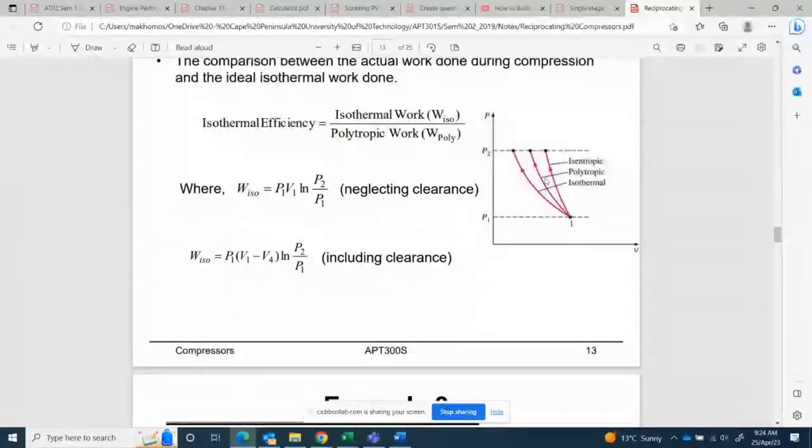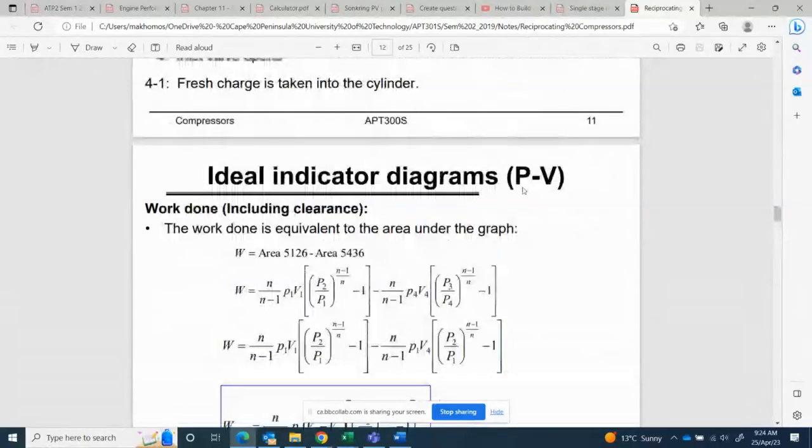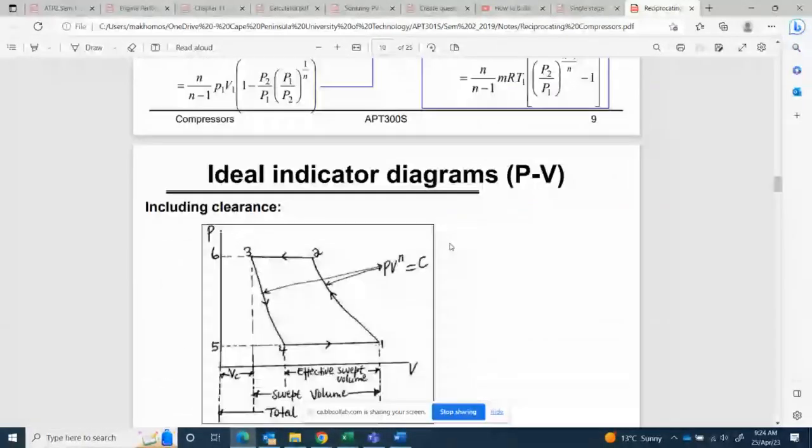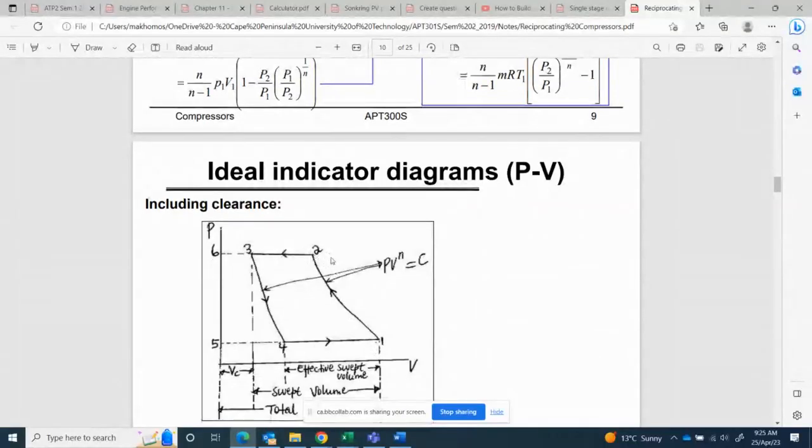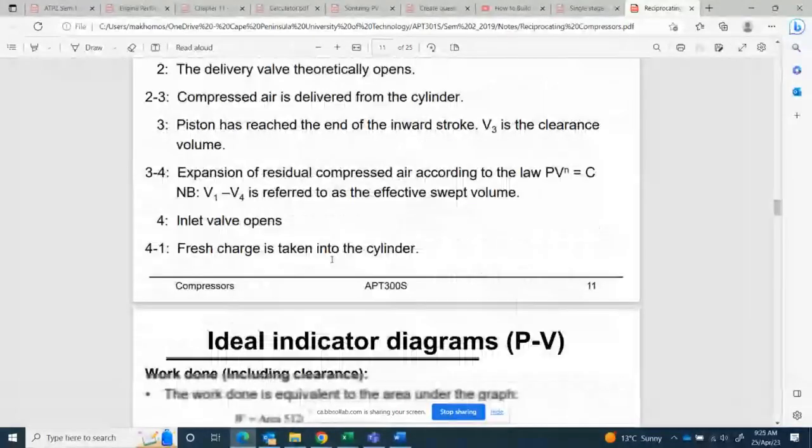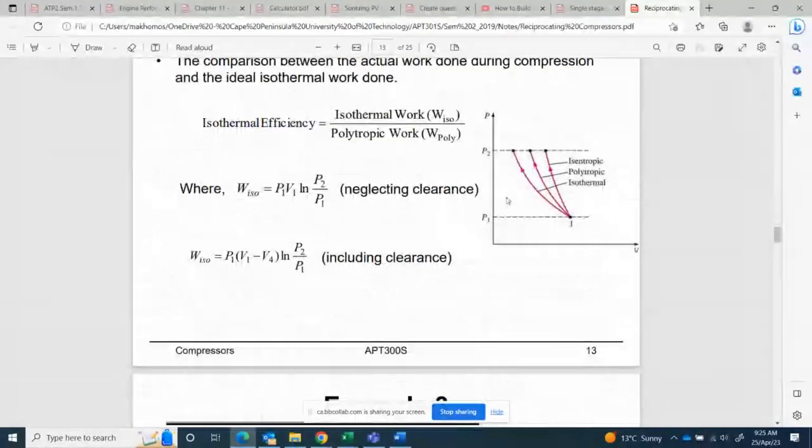The closest one is the polytropic compression, which is PV^n = C. Adiabatic is PV^gamma = C. That is the reason why we compress gas according to PV^n. Practically it's impossible because every time we compress air, the temperature increases. So it's impossible that the temperature at 1 can be equal to the temperature at 2. Hence, we go to the closest one that gives us the smallest area, which is the polytropic work.